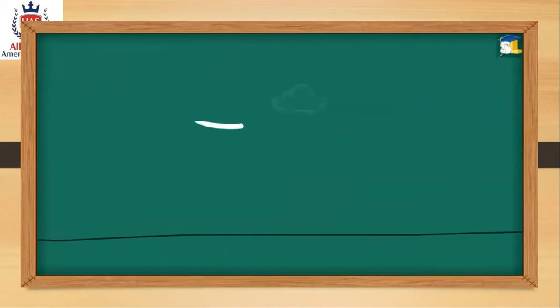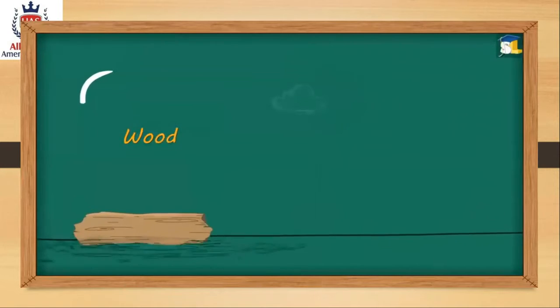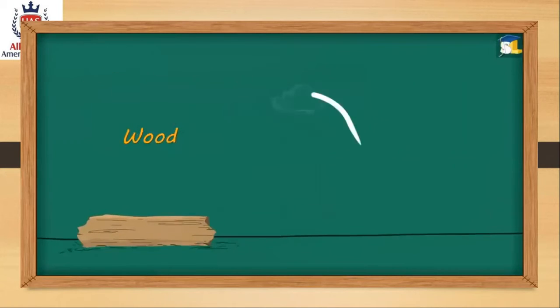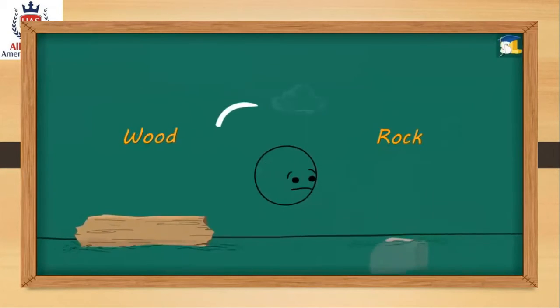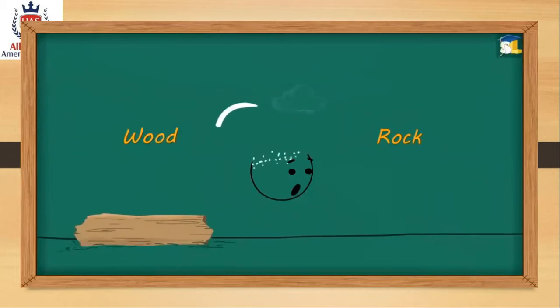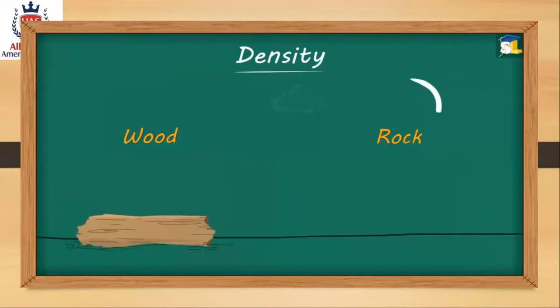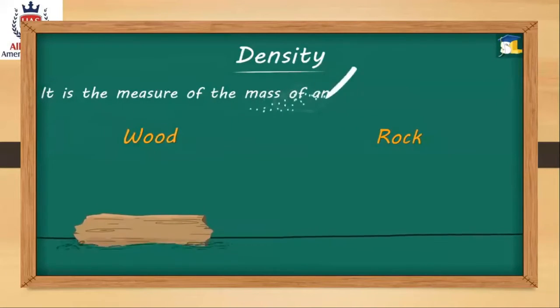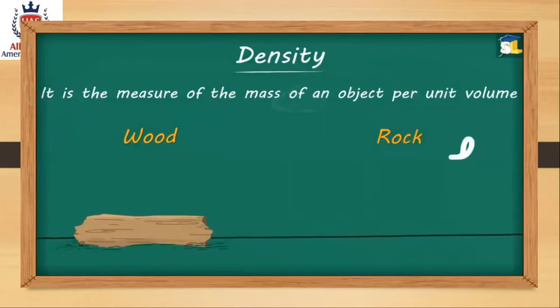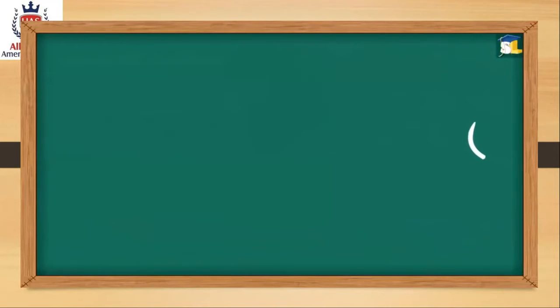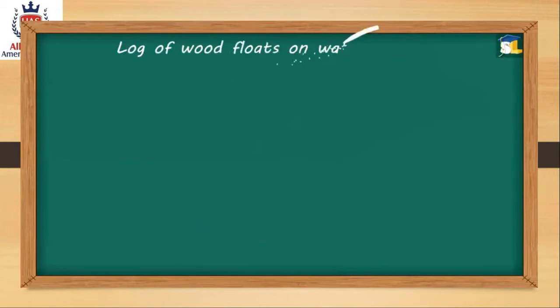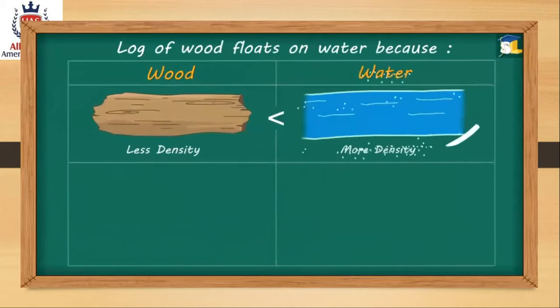Did you realize that a large log of wood floated on water, but a comparatively smaller piece of rock sank? How is this even possible? This is possible because of density. It is the measure of the mass of an object per unit volume. In the first case, the log of wood floats on water because it has less density than water.